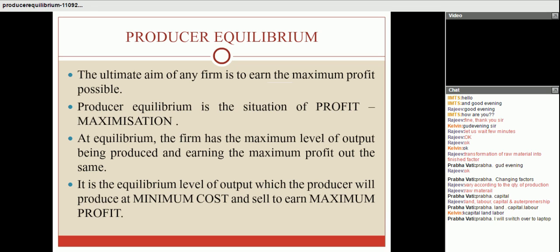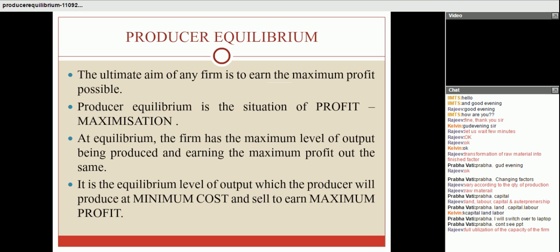Okay, that's fine, Prabha. Okay, that's very good. Full utilization of the capacity of the firm, or reaching the optimum level of production. Okay, the optimum level of production, or making the best use of the available resources, or we can say when the costs are minimum.